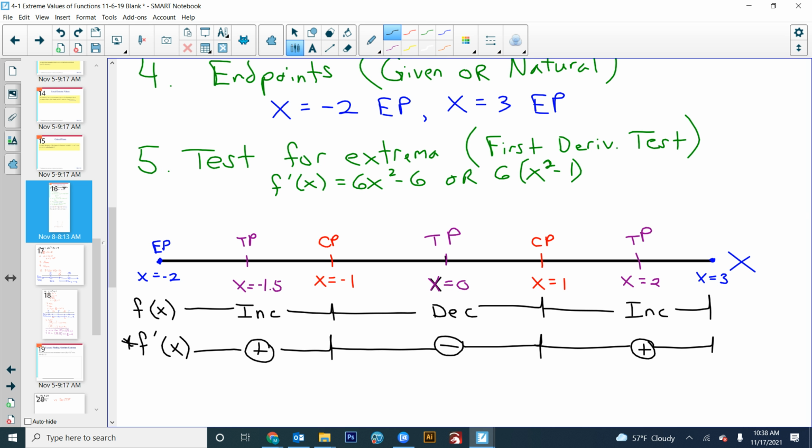For example, if your velocity is positive, your position is increasing. If your velocity is positive, you're moving to the right. If your velocity is negative, you're moving to the left or moving down, depending on whatever you're talking about. What about acceleration? If your acceleration is positive, then your velocity is increasing. If your acceleration is negative, your velocity is decreasing. Do you see how it works? So that's why I organize them in rows like that. Because if you were to switch them, I think it gets a little confusing if you put f of x under f prime.